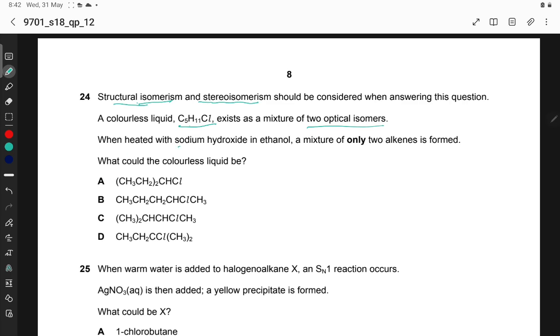When heated with sodium hydroxide in ethanol, a mixture of only two alkenes is formed. What could the colorless liquid be?